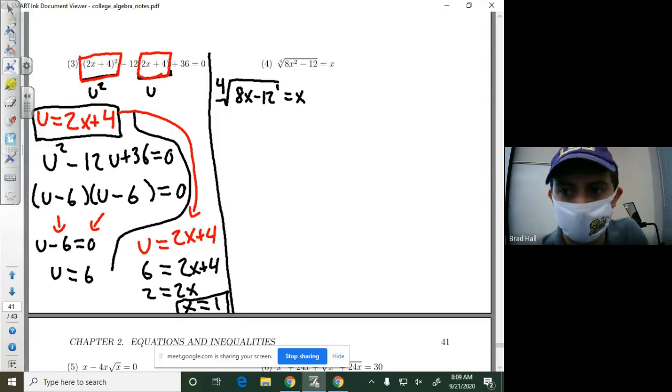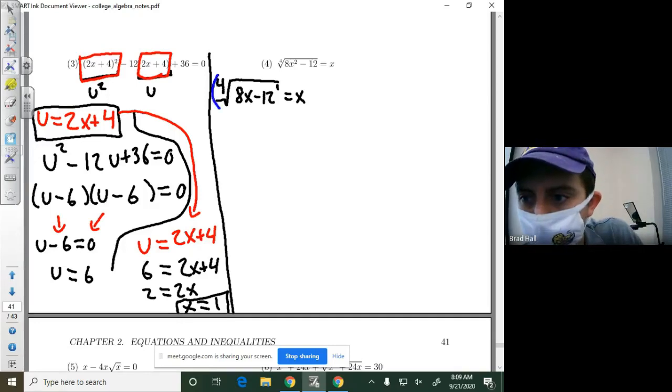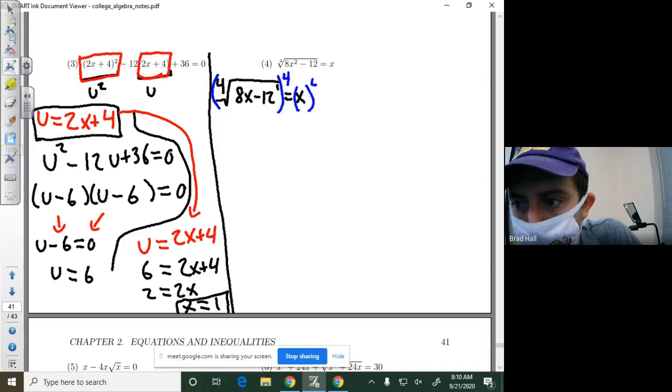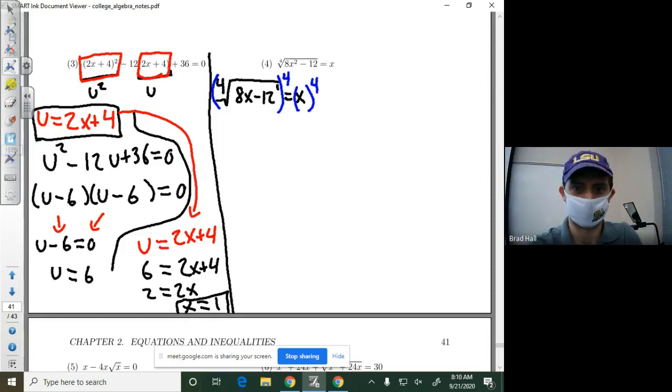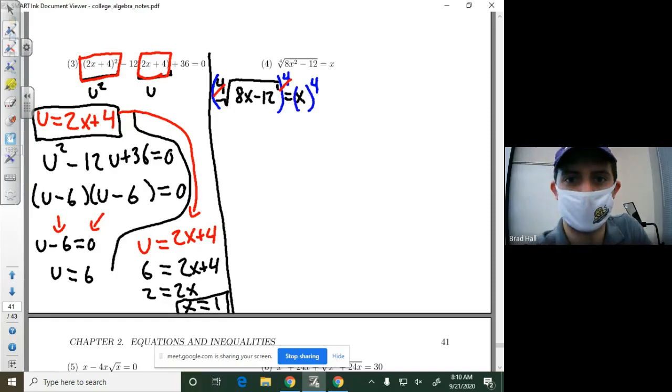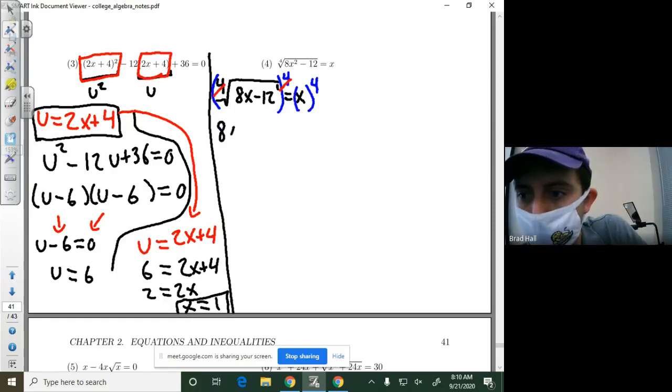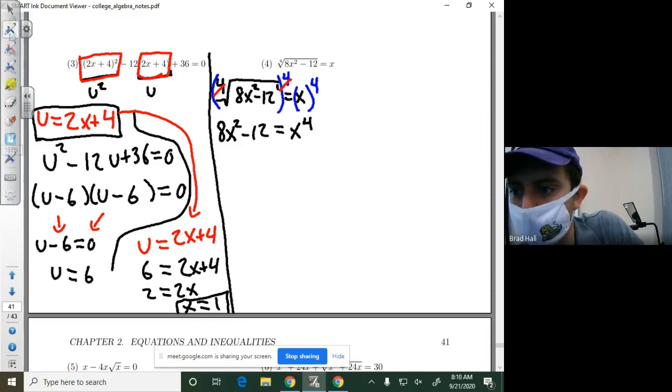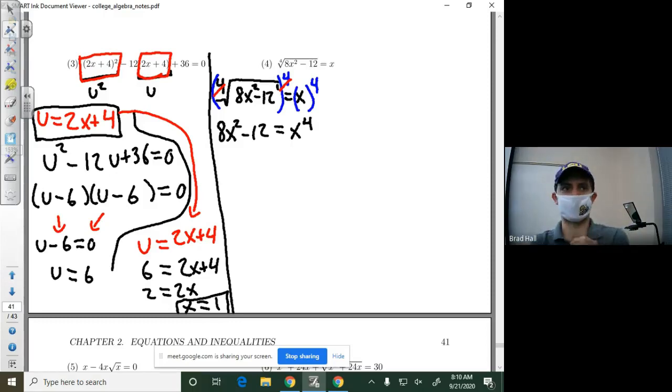So if this is a 4th root, we can raise both sides to the 4th power to get rid of the radical symbol. The 4th root and the 4th power cancel. You get 8x squared minus 12 is equal to now x to the 4th. All we did was raise both sides to the 4th power, only to get rid of the 4th root.